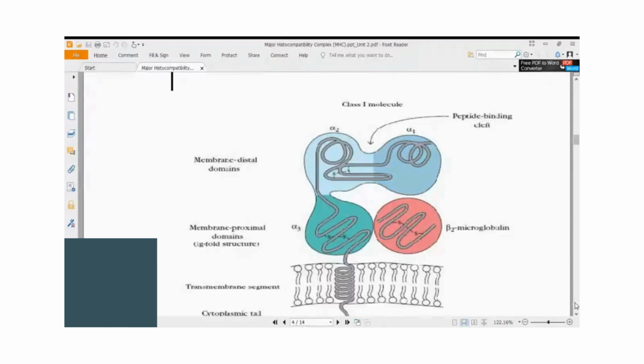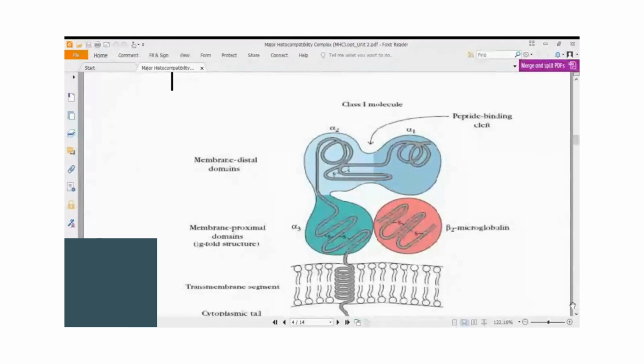It is observed that the anchor residues in peptides binding to class 1 MHC are predominantly leucine and isoleucine. The second amino acid is always leucine or isoleucine, and the ninth amino acid is always leucine or isoleucine.